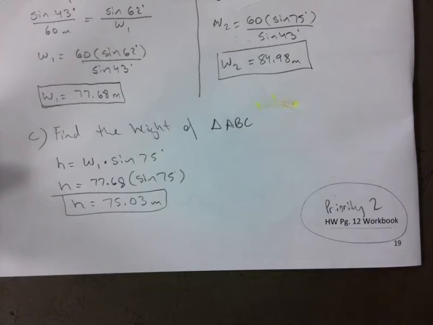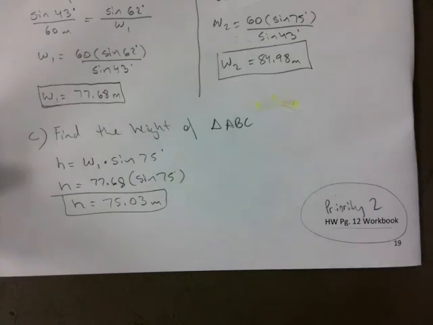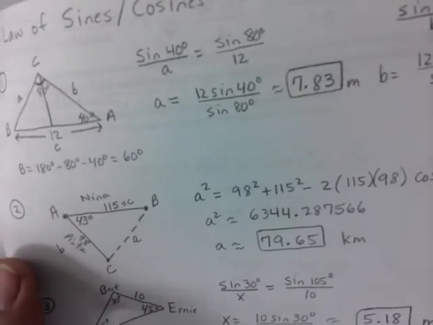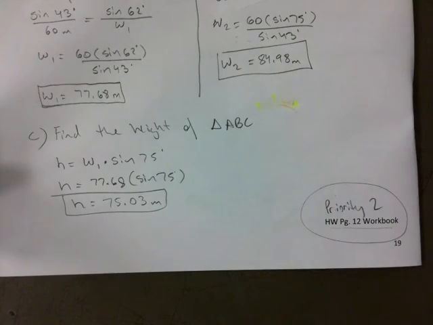Okay? So I'll just show you, right? Law of sines and cosines word problems. There's just a bunch of word problems there. And guess what? The answer key is right next to it, fully worked out. So you kind of want to fold it and not look at it so that it doesn't give it away. So just try it and then solve it.